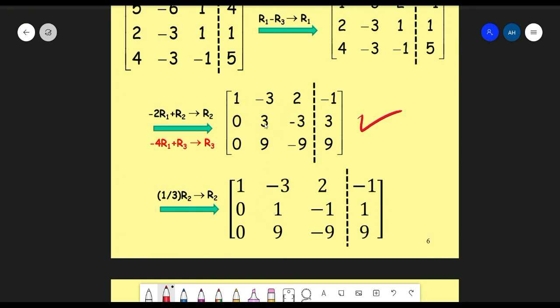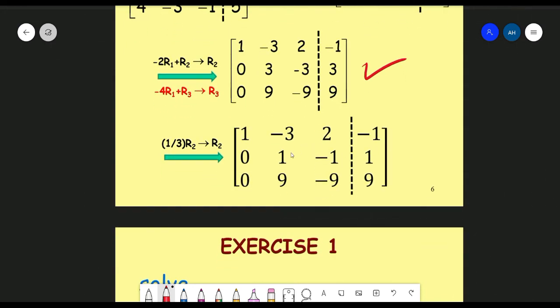So just row number 2 divided by 3. We have 0 divided by 3 is 0. 3 divided by 3 is 1. Negative 3 divided by 3 is negative 1. And the last number, 3 divided by 3, is equal to 1. Therefore, now we have our new row number 2. And row number 3 is still maintained. That is 0, 9, negative 9, and 9.